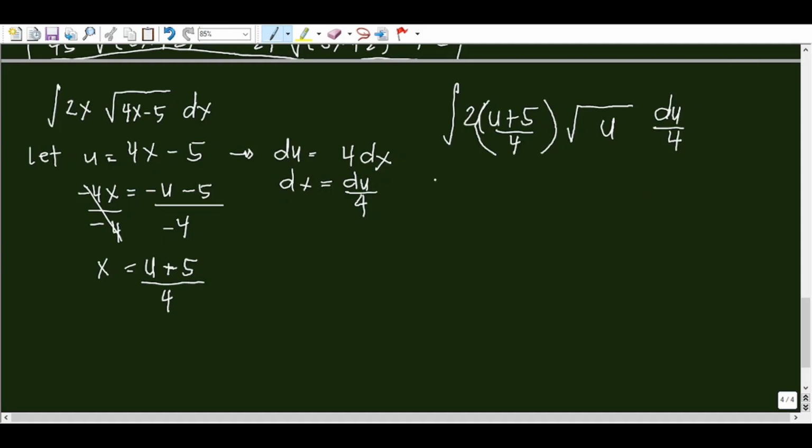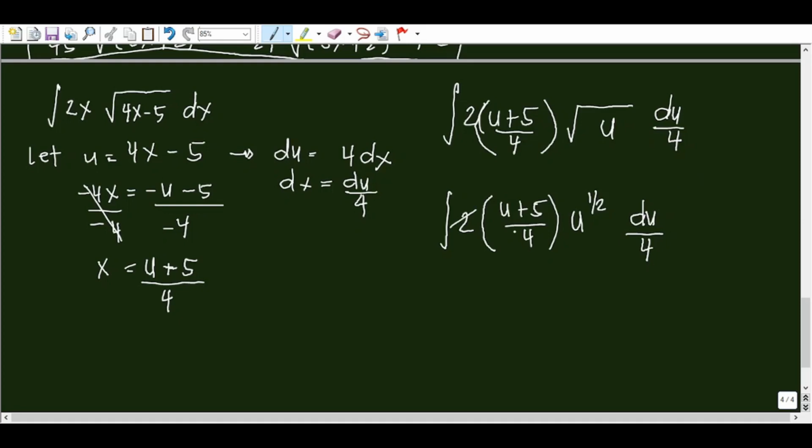Tama. Palitan ko ngayon itong radical sign into exponent. So, magiging square root of 2 times u plus 5 over 4 times u raised to 1/2 du over 4.